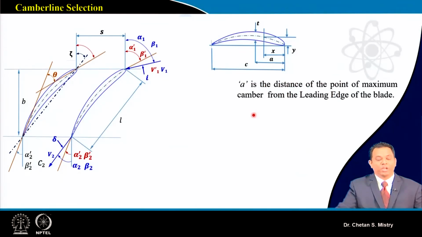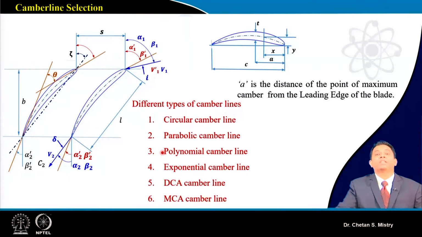Here, if you look, there are different types of camber lines which people have explored or which are available in open literature. And as of today, for running engines, all these kinds of camber lines are in use.